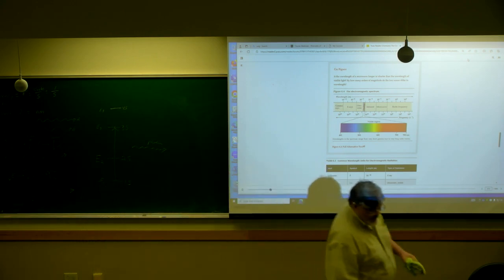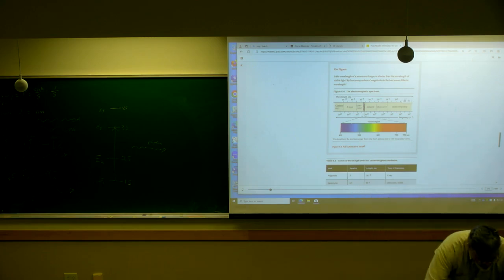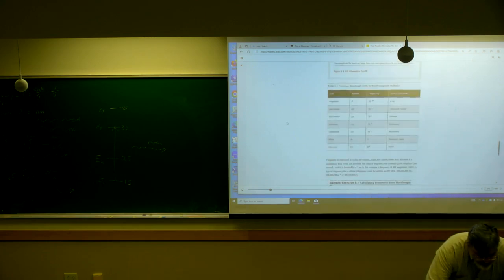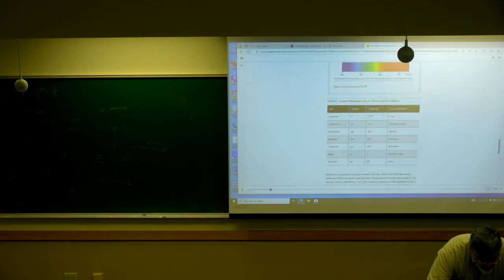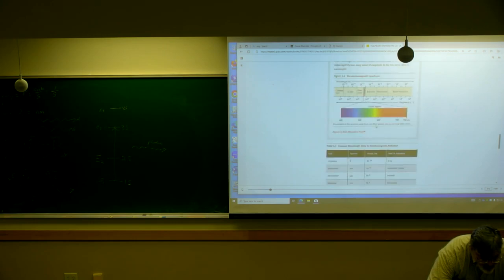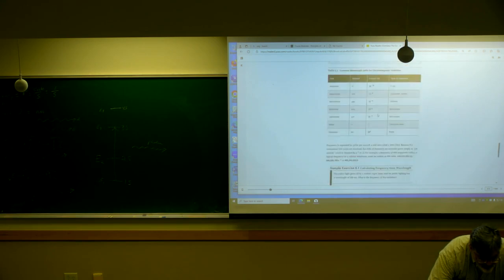Okay, so this is just a specific iteration of these. Let's say this says infrared, length 10 to the negative 6. So it's just saying somewhere in this range is infrared.